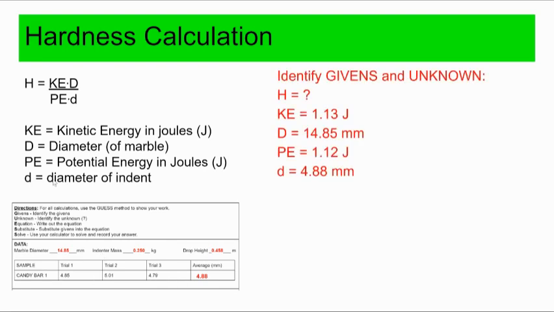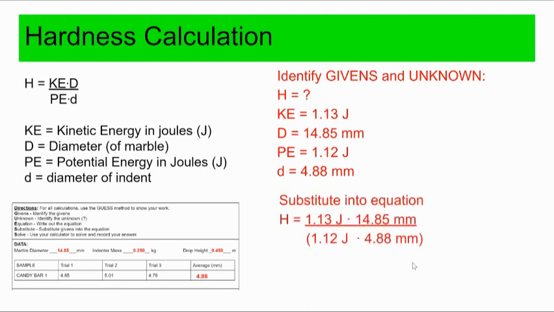And our diameter of the indent is the average that we calculated earlier for all 3 trials, 4.88 millimeters. So as we substitute into our equation, we're going to take 1.13 times 14.85 divided by parentheses 1.12 times 4.88.